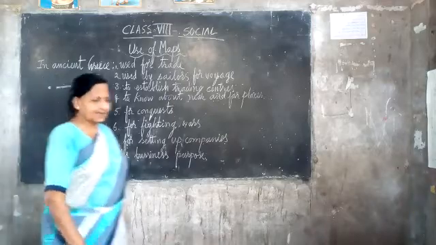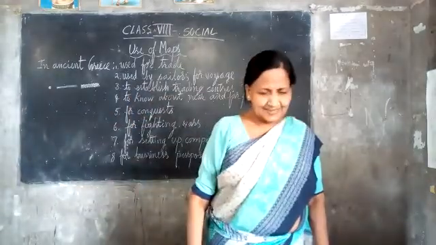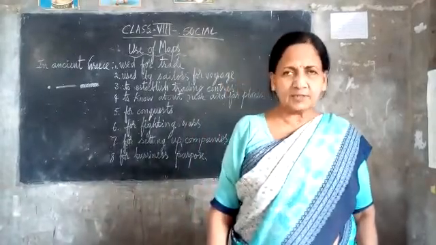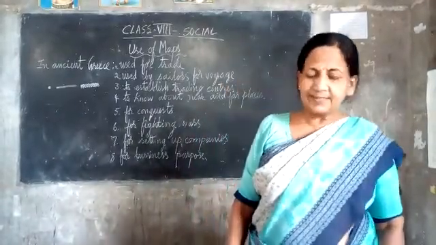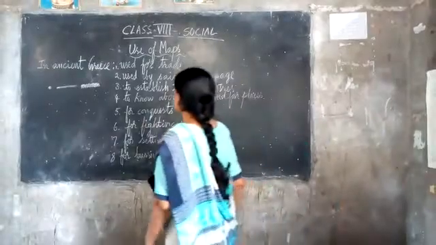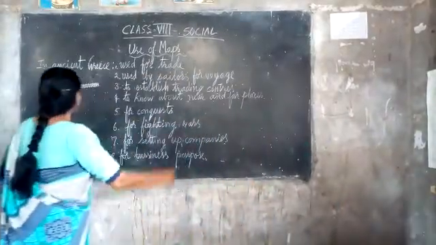So we've already had the introduction for this first lesson in your social textbook: reading and analysis of maps. What do you mean by reading? How do we read a map?